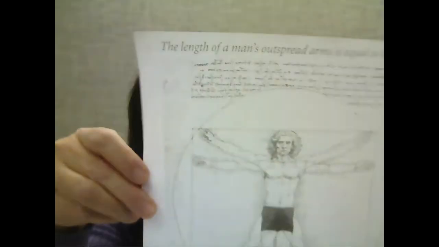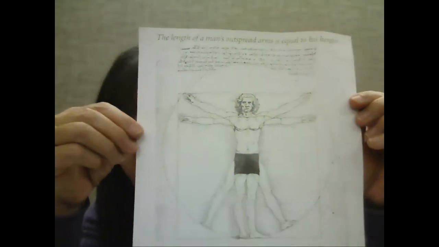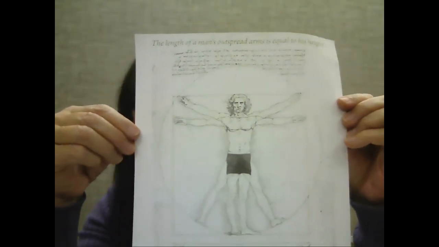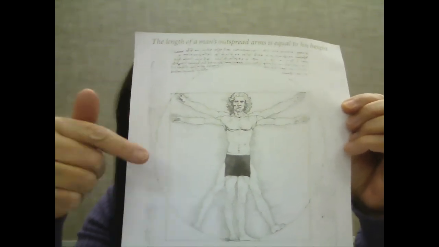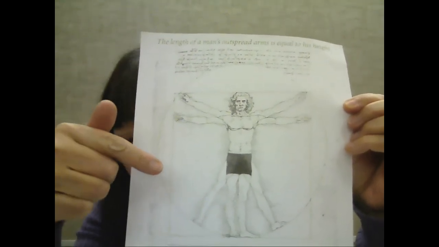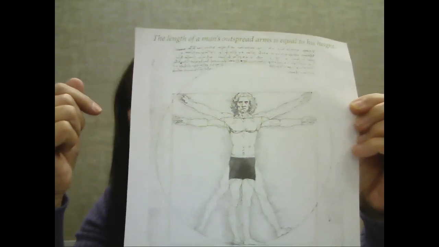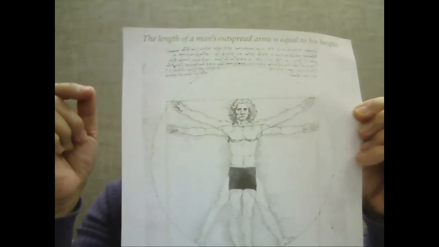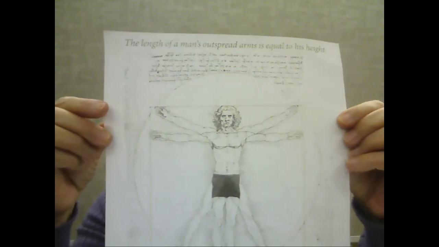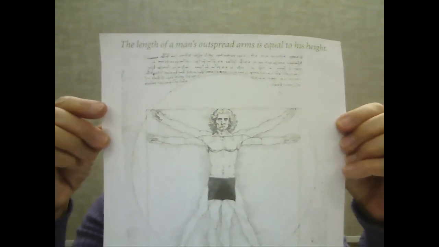Now I'm going to show you this one. You probably have seen this, the real thing. Now, I had to put on a Speedo for you so that you will not be screaming and giggling all day long. But this one is the famous proportion of the human figure drawing.